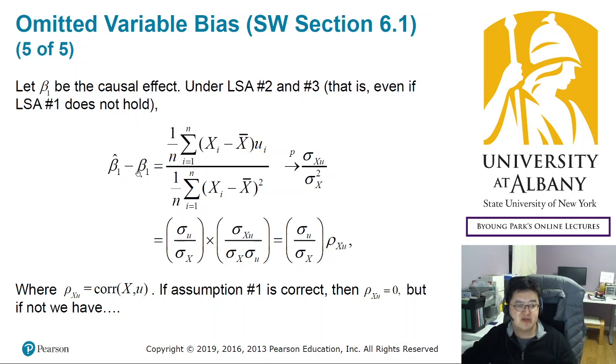So their difference is converging to something which is the bias. So what you want here is you want this to be 0. That was the consistency, and that means the estimation error will disappear in the limit. That's what we learned earlier, but now it's not 0 anymore. So this value is the bias, omitted variable bias.